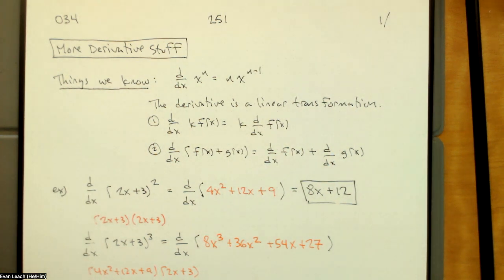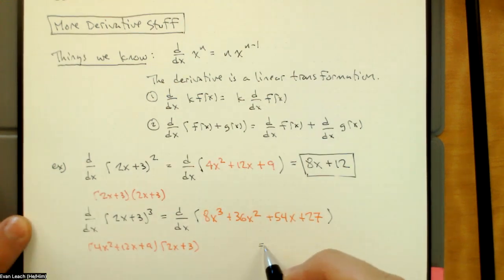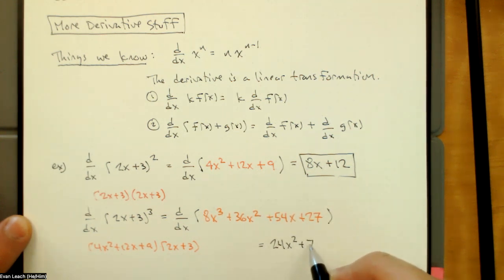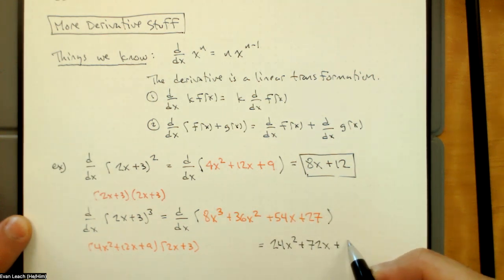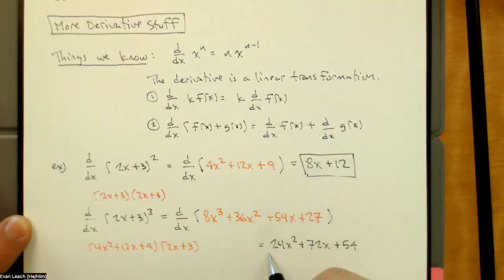So the derivative of 2x plus 3 to the third power, since we're pretending that we don't know the chain rule, we can just multiply all this out and then take the derivative of each of the terms. So 24x squared, 72x, and 54. The derivative of 27, that'll be 0.